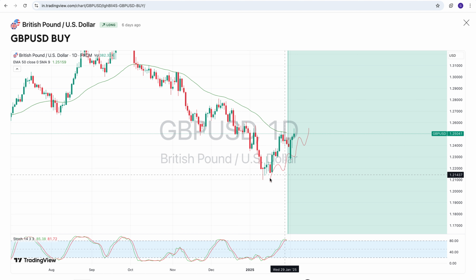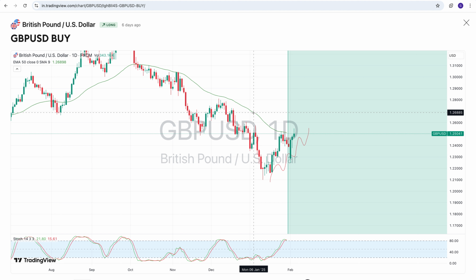Actually, it's going in a form of higher highs and higher lows at the moment. On top of that, you have a 50-day moving average. I already told you that this 50-day moving average will act as a support or resistance for us.